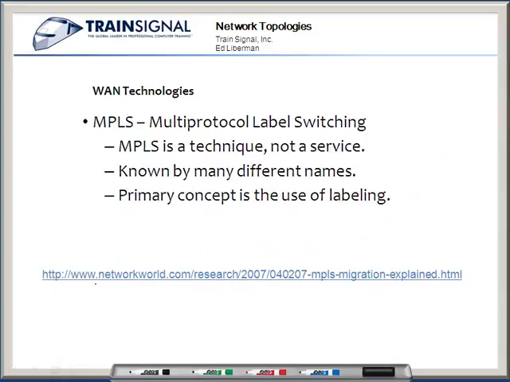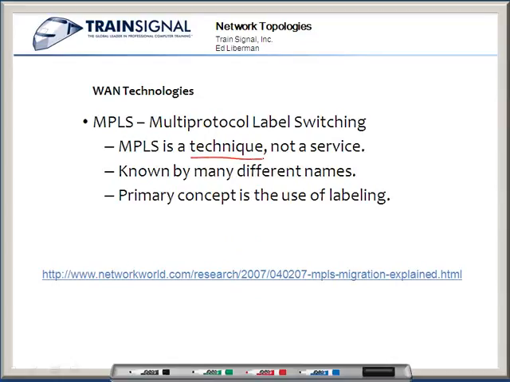Now, there's another technology that we have to talk about here, and it's something called MPLS, which stands for Multi-Protocol Label Switching. This is an interesting technology because it's not an actual service or an actual technology like many of these others, but it's a technique.